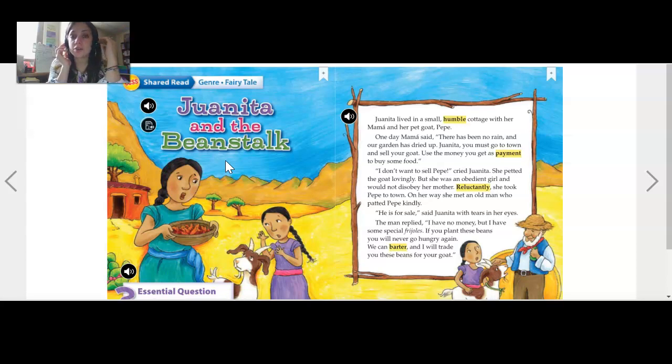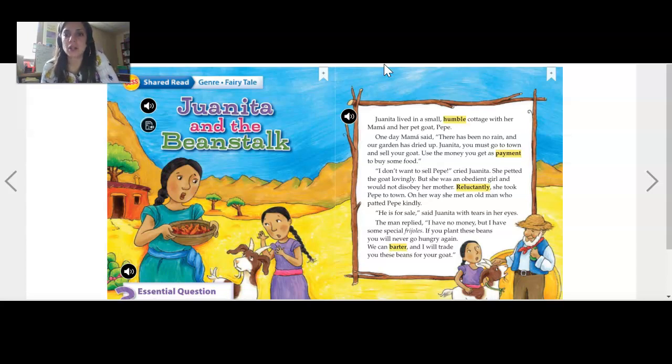So I'm using what I know as a reader, the illustrations and my title, to make a prediction for this fairy tale. And a feature of that prediction is magical beans. So I'm predicting using a feature of a fairy tale. Let's read to confirm and identify those features of a fairy tale.